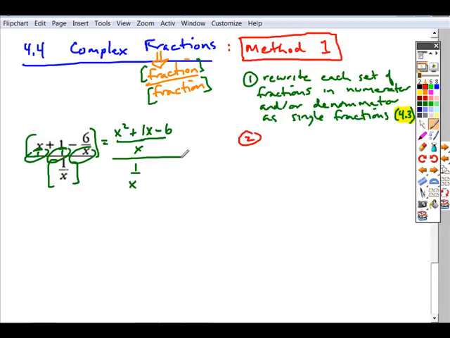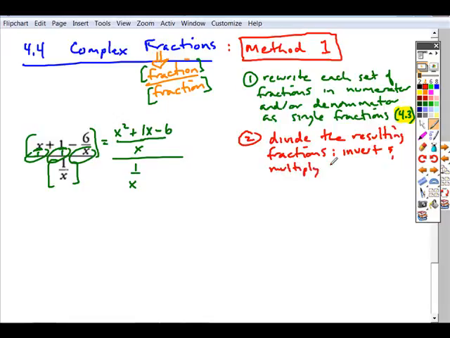However, if you interpret this fraction bar as division, you're just going to take those resulting fractions and divide them. And basically when you divide two fractions, dividing is equivalent to doing what? Invert and multiply. Okay, so this is basically what we did in section 4.2.